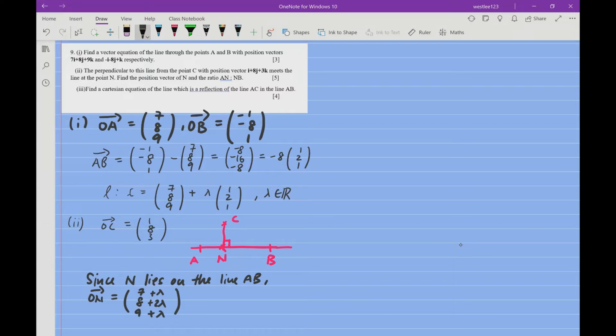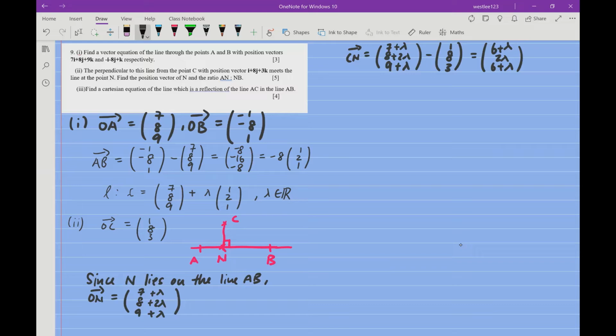So if ON looks like this, CN will be endpoint minus starting point, minus OC, 1, 8, 3. And this will give us 6 plus lambda, 2 lambda, 6 plus lambda.